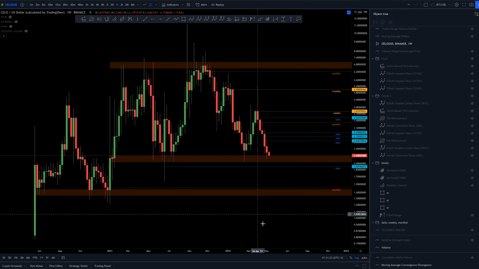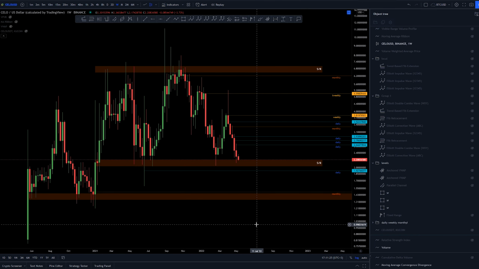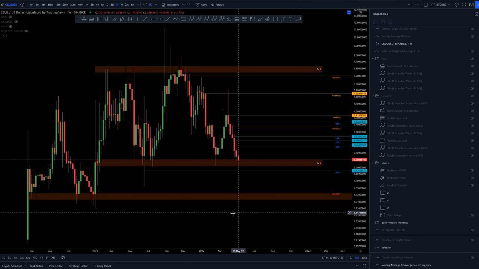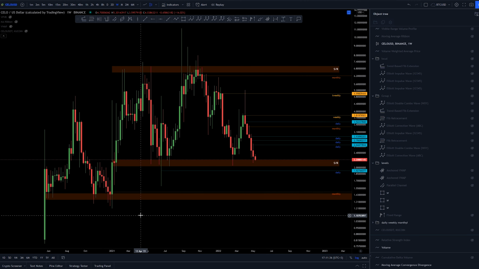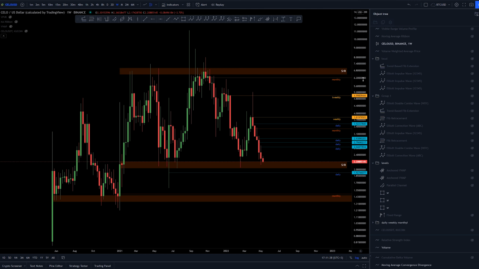In any case, these are the basic levels that I'm looking for. There's not really much on this chart. We have had so many choppy structures on CELO that there's definitely no clear trend in what it is doing.